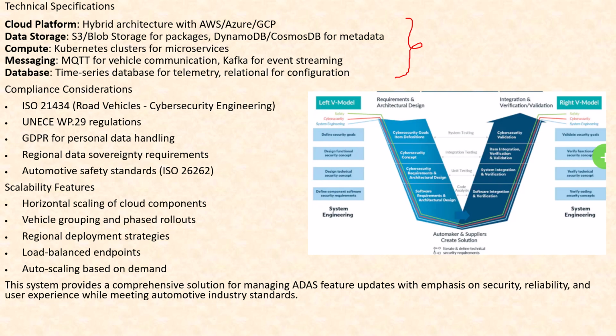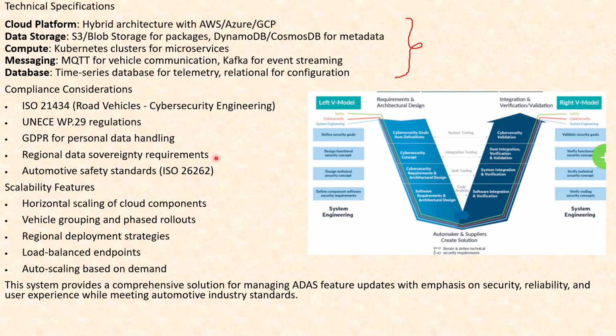Now, what are the various compliance requirements? The first is of course ISO 21434, the cyber security standard. Next is UNECE WP.29 regulations. Next is GDPR for personal data handling, and regional data sovereignty requirements, which are developed on a regional basis.